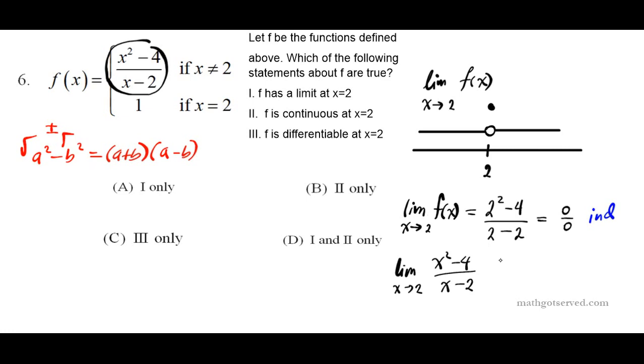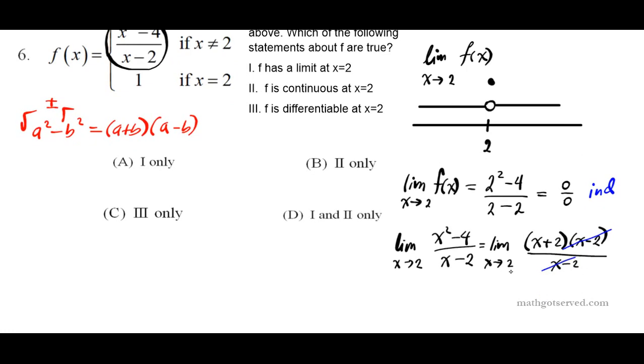So the factored form of the numerator, to write the limit as x approaches 2, is x plus 2 times x minus 2 over x minus 2. The x minus 2's cancel out, divide out. So you notice that we have a removable discontinuity at x equals 2, the value that we were approaching.